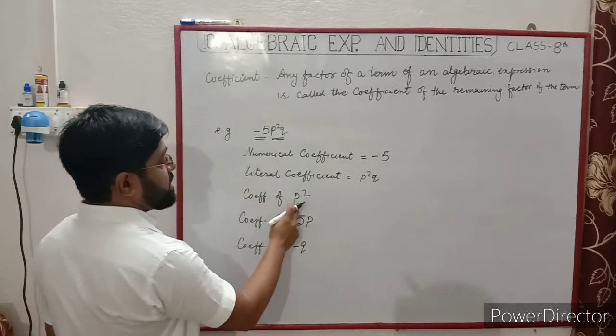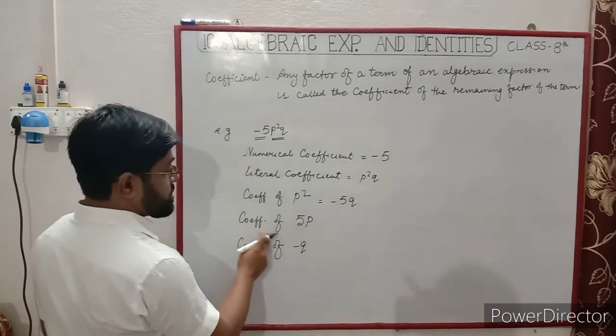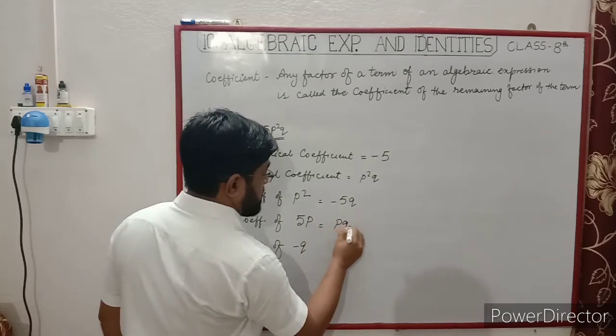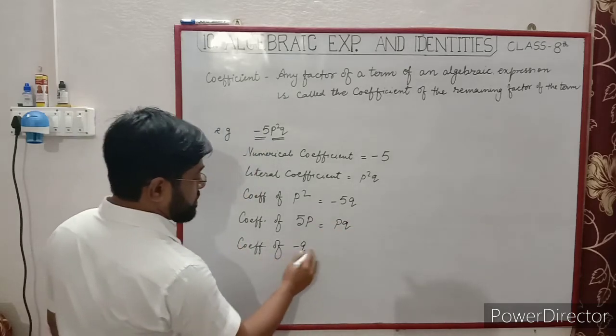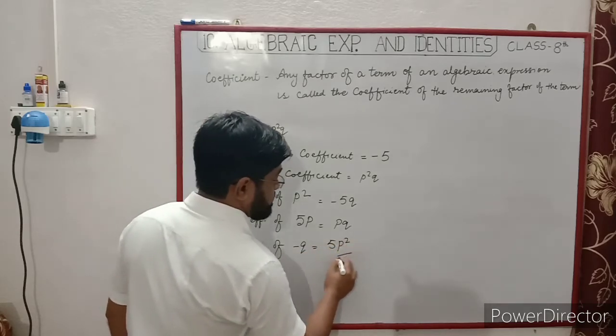Now coefficient of p square, so minus 5q cube. Now coefficient of 5p is q cube. Now coefficient of q cube is minus 5p square.